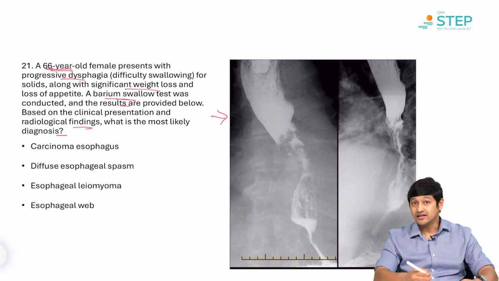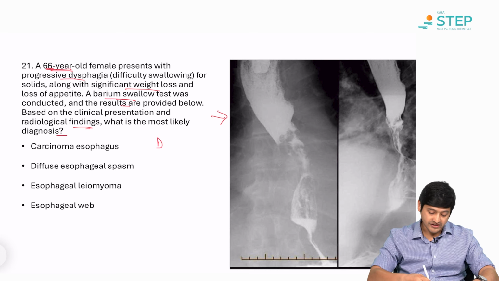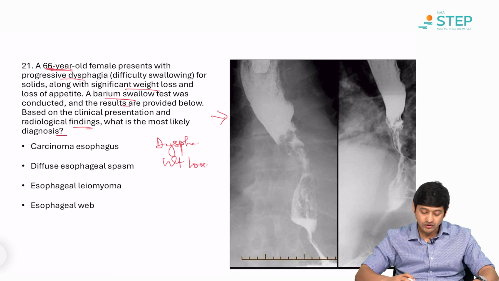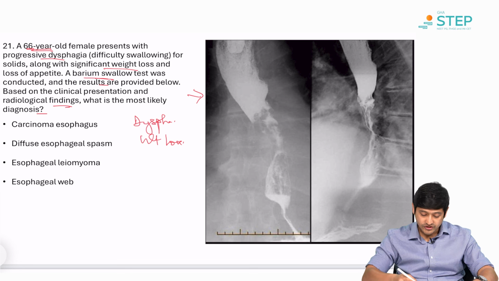So, now clinically based on the diagnosis, you have dysphagia, alright? You have dysphagia, you have weight loss, and you have this X-ray. So, we're looking at a barium image which is showing a relatively dilated upper esophagus, passage of contrast distally into the stomach, and a significant irregularity in this area.